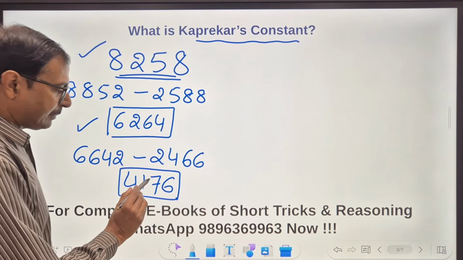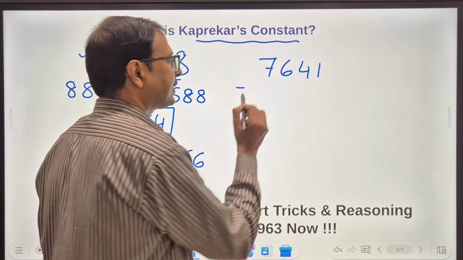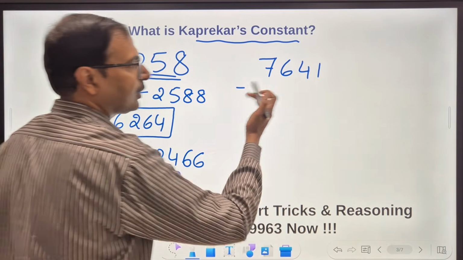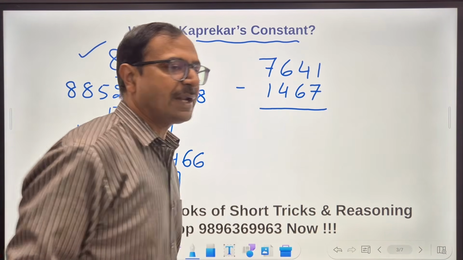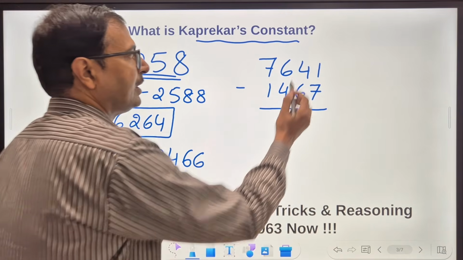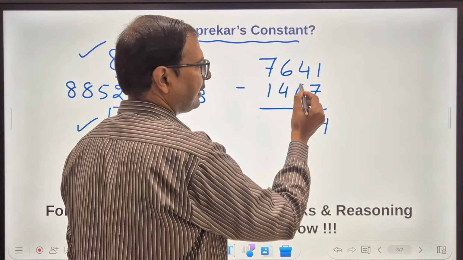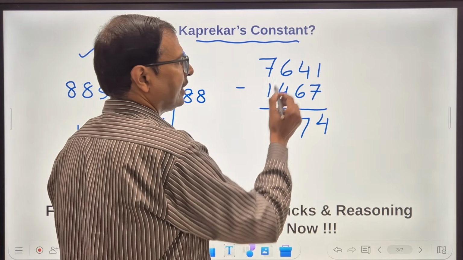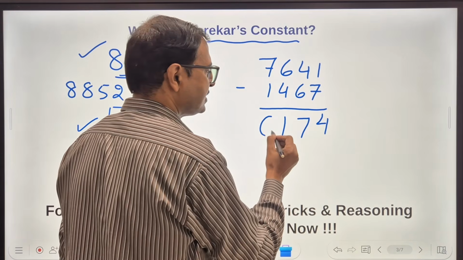The highest number can be 7641, right? 7641. And subtract the smallest number the other way around, 1467, and see what happens when I subtract it for the third time. 11 minus 7, 4. Now 13 minus 6 is 7, and then 5 minus 4 is 1, and 7 minus 1 is 6.